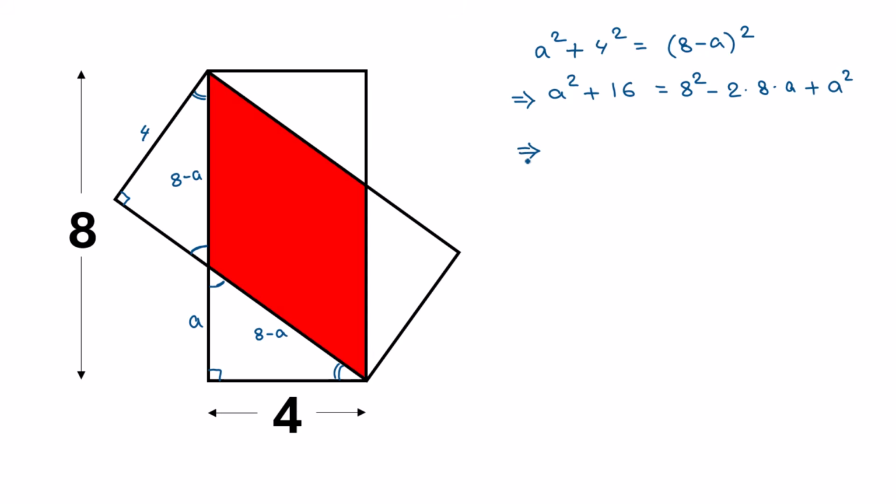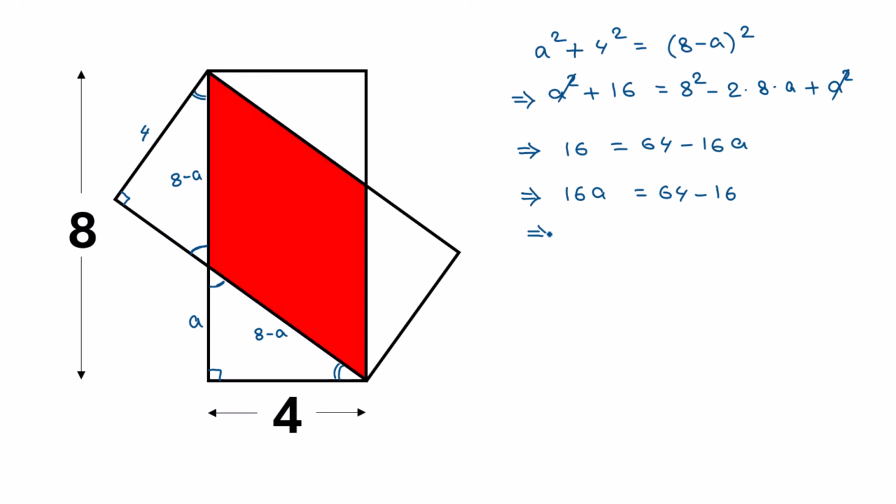Or this a square from both sides will cancel, and it will be 16 is equal to 8 square, which is 64, minus 2 times 8, which is 16, and this a. Or taking this negative 16a to the left side, we'll get positive 16a is equal to 64 minus 16.